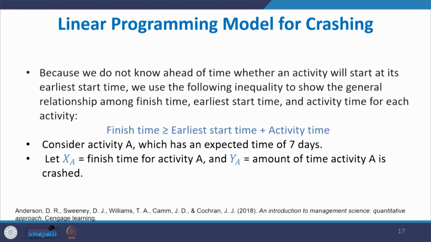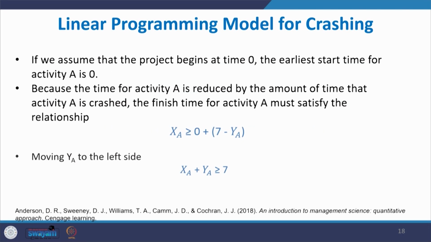Consider an activity A which has an expected time of 7 days. Let XA be equal to the finishing time for activity A. Then YA is the amount of time activity A is crashed. If we assume that the project begins at 0, the earliest start time for activity A is 0. So, I am writing like this.